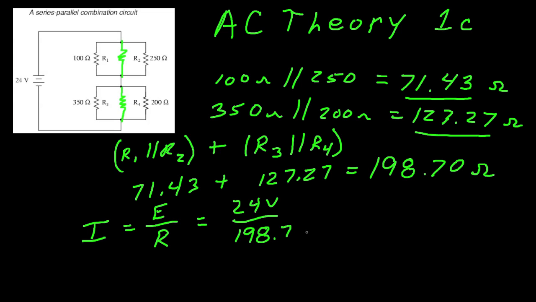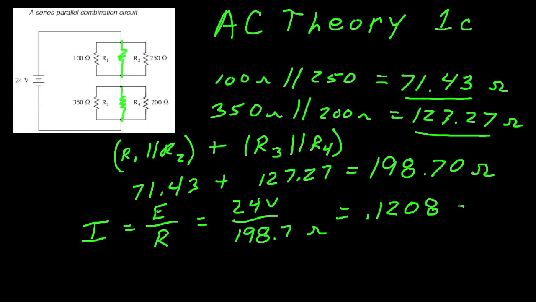We can drop the 0 off of that since it doesn't add anything to the problem. 24 divided by 198.7 gives us an answer of 0.1208. It's like 785 something, but we only need about 3 or 4 significant digits.